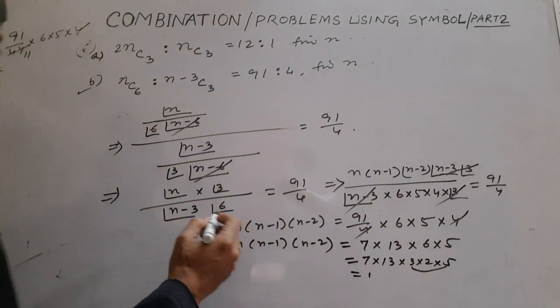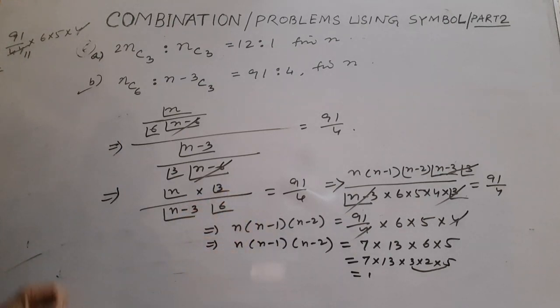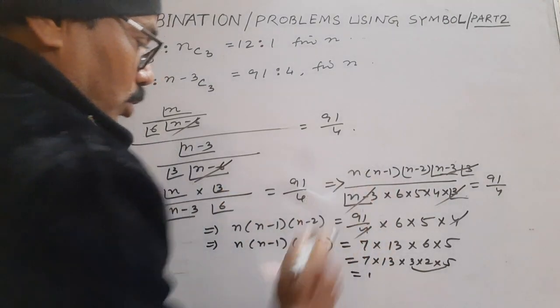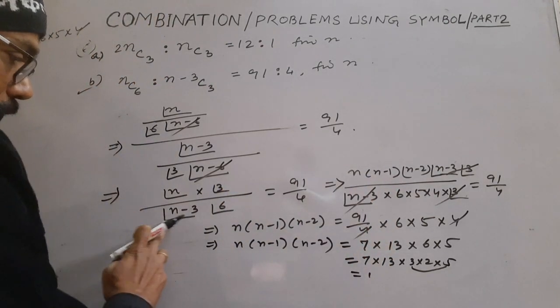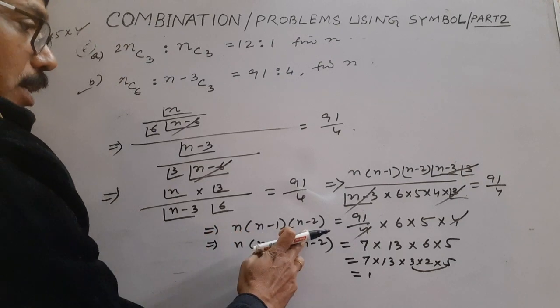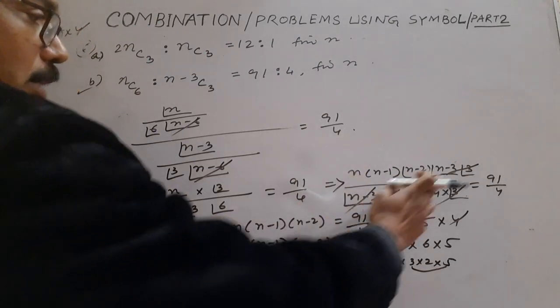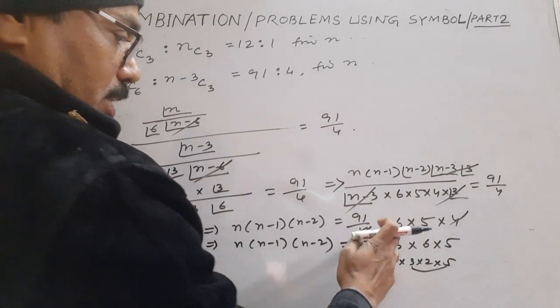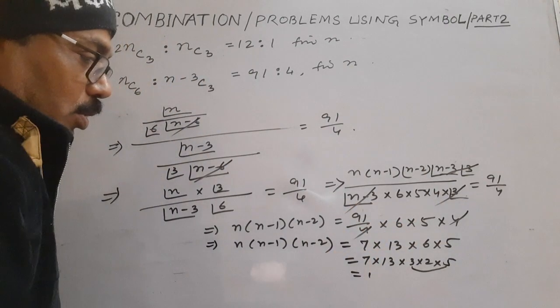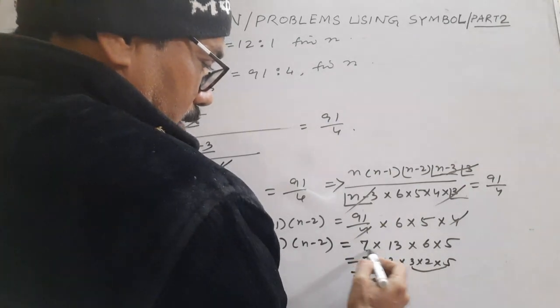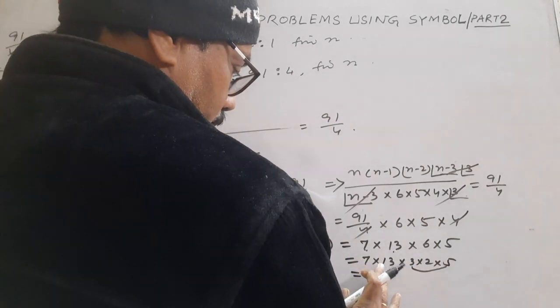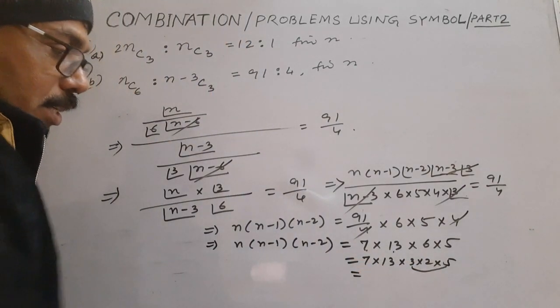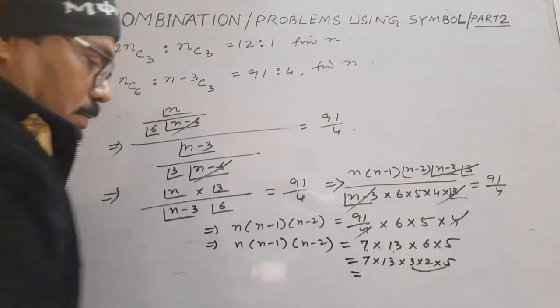Now look, we are getting up to n, n minus 1, n minus 2. Factorial n minus 3 is cancelled out. So 91 by 4 into 6 into 5, so 91 is 7 into 13, then 6 into 5. Now 6 is 3 into 2, into 5.